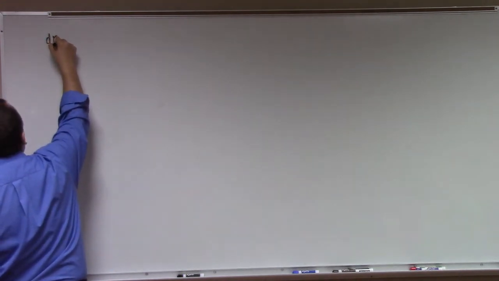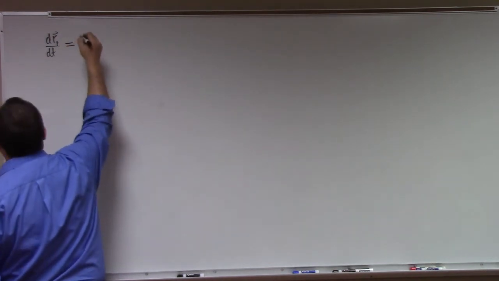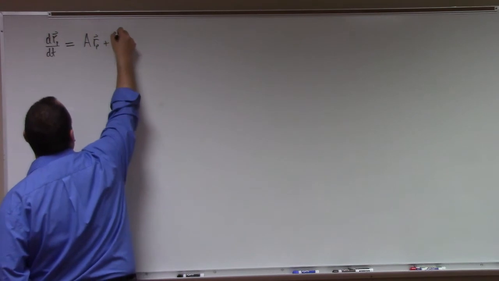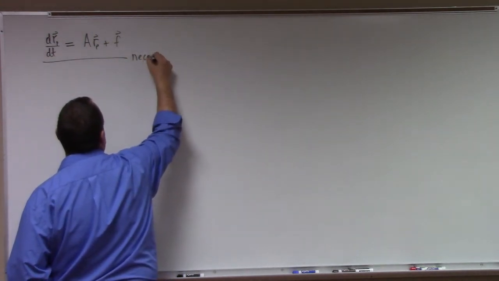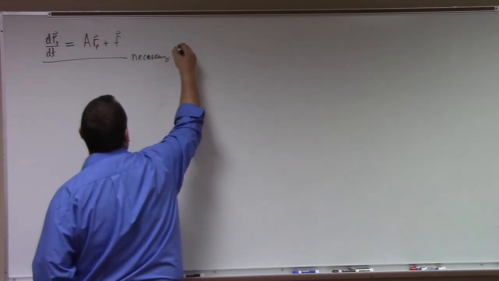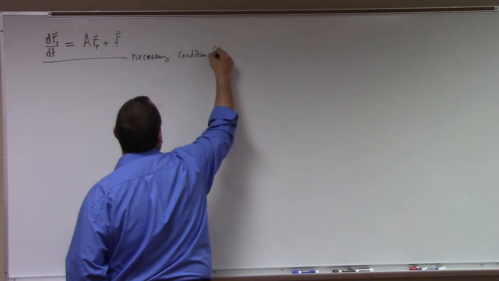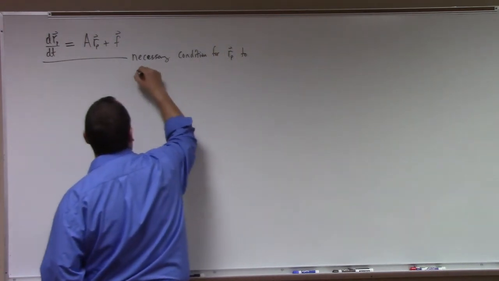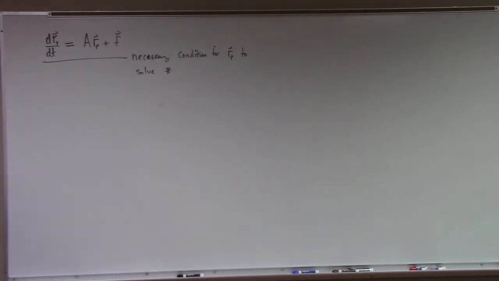So, dr_p/dt, we want this to equal what? We would like for that to be equal to A r_p plus f, right? This is a necessary condition for r_p to solve star, the problem at hand.